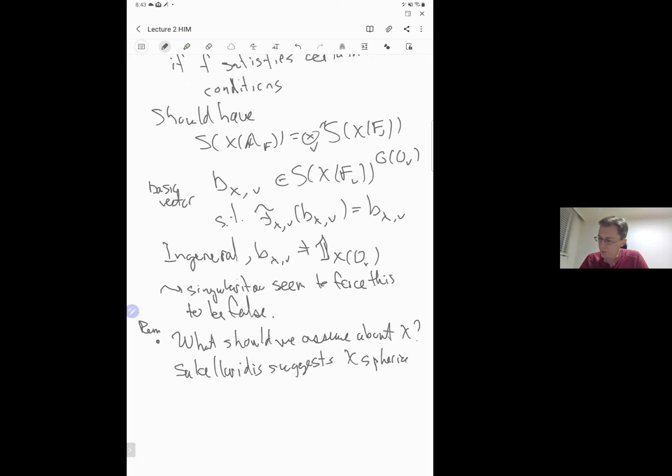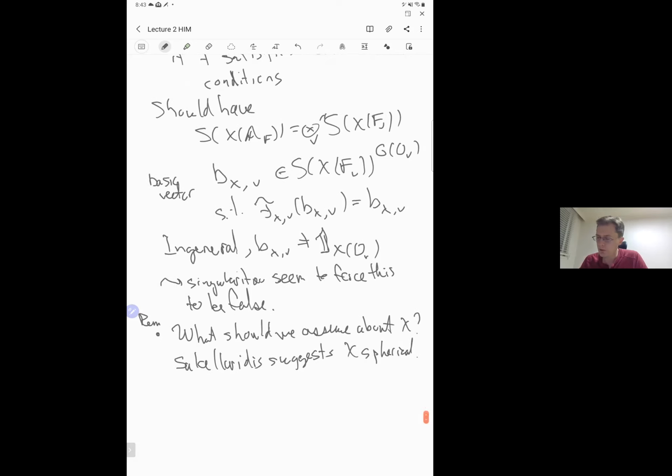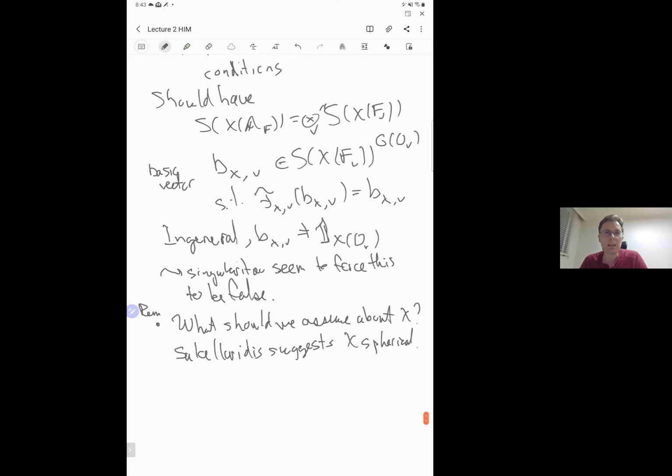And certainly from the point of view of automorphic representation theory, this is the most important case. But I don't actually know a theoretical reason why this is necessary. And certainly you can give examples where these sorts of things exist where the space isn't spherical.